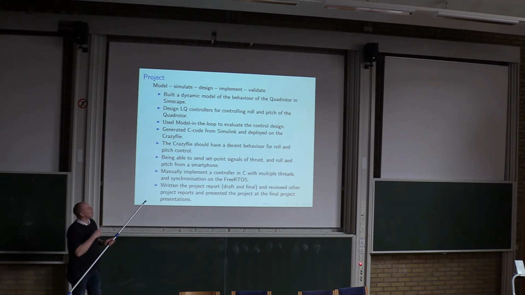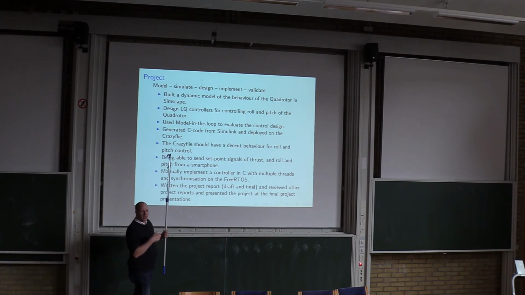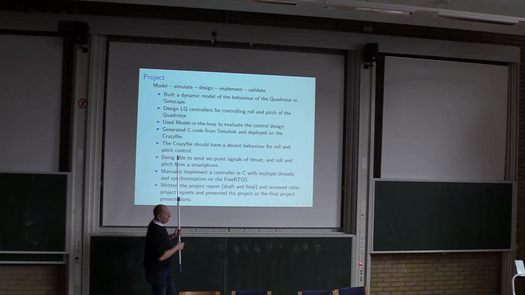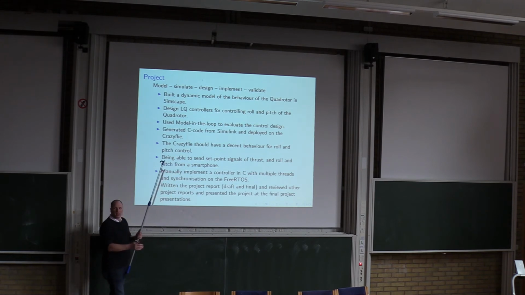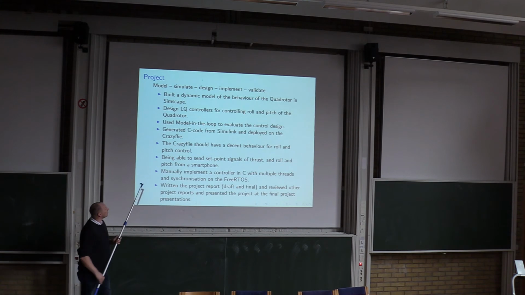You will simulate the closed loop system in your computer. And you will generate the C code by using tools in Simulink and deploy on the CrazyFly. So you will generate C code, and then you will use a compiler to compile the C code to a binary that you can then download to the CrazyFly.